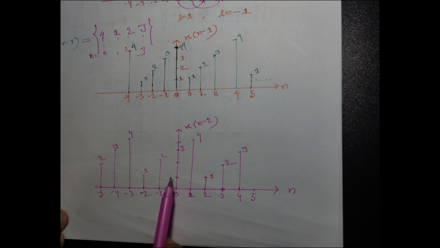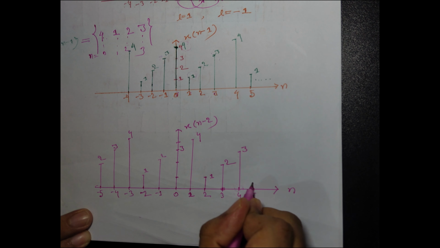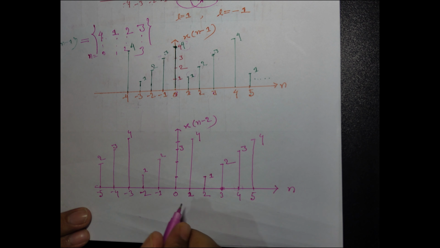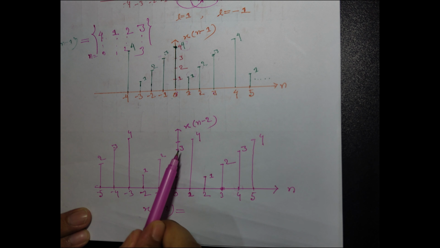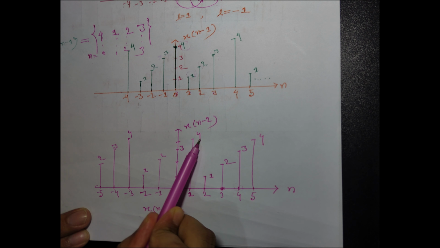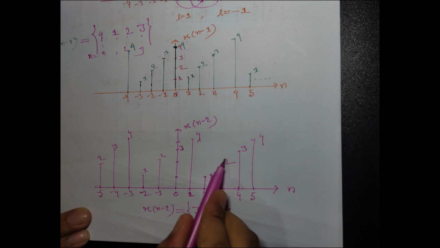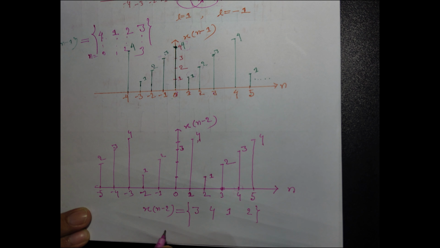That means we finally get the signal 1, 2, 3, 4, 1, 2, 3, 4, and x of n minus 2 equals 3, 4, 1, 2 at n equals 0, 1, 2, 3 positions.